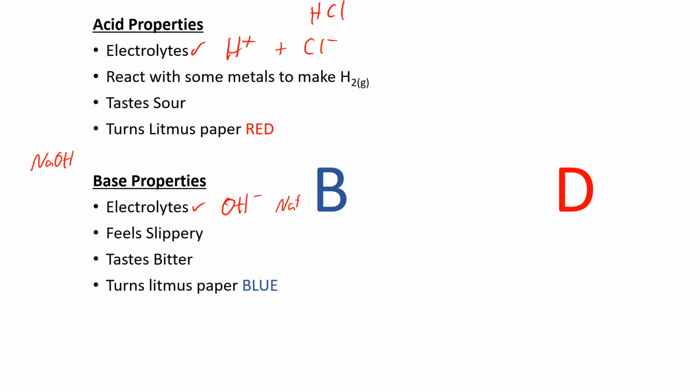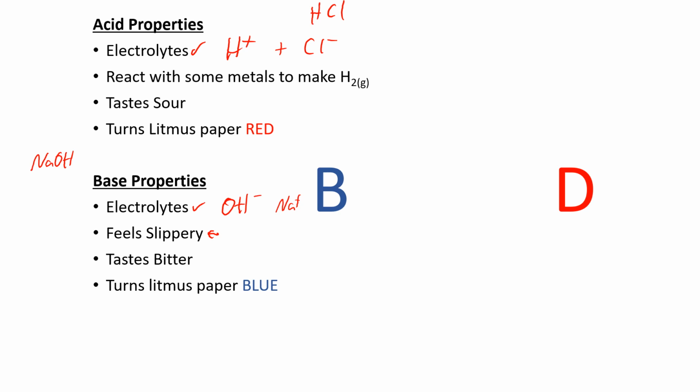Now, another property of acids is that they react with metals to make hydrogen gas. They are sour tasting, so things that taste sour are typically acidic, and they turn litmus paper red in color. And later on, we'll talk more about all the different acid-base indicators. Bases, on the other hand, feel slippery and like soaps, and they taste bitter.